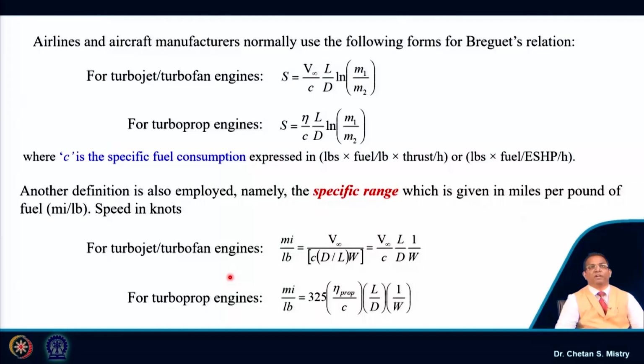Now, different airline companies and aircraft manufacturing companies correlate the range factor in terms of a modified brackets correlation. In place of having the whole equation, they are replacing this C by the specific fuel consumption. Same way, it is represented in terms of miles per pound.